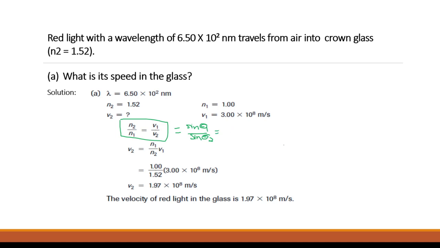And we also said that it was also equal to lambda 1 over that of lambda 2. So remember, the n's were the ones that were opposite everything, and everything else was 1 on the top, 2 on the bottom, or flipped. You could do it the other way, just the n's were the ones that were the opposite. So when we look at red light, we got our wavelength here.